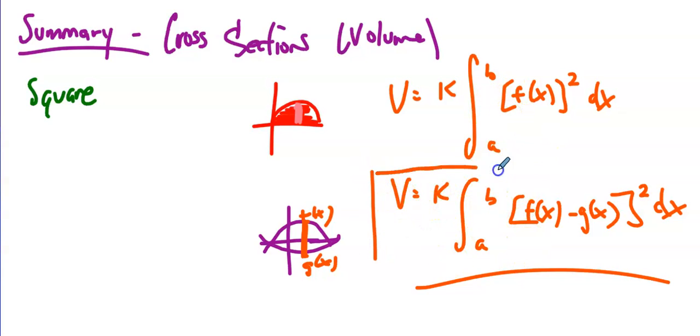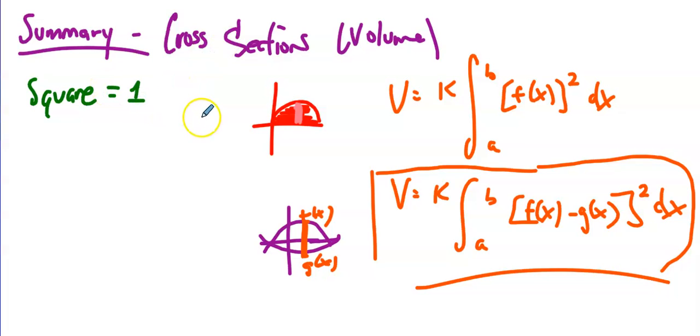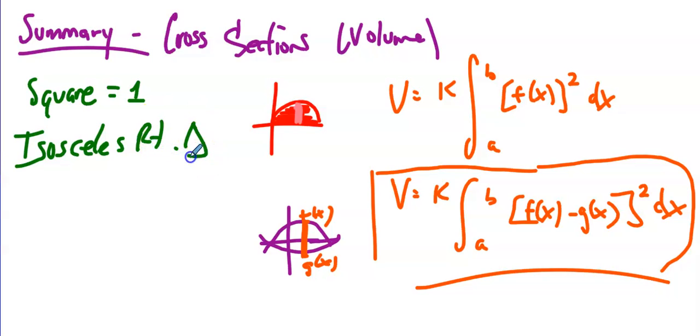This is the one that we use for cross sections, and the k is going to be dependent on the shape. So for a square, the k is going to simply be 1. If I give you an isosceles right triangle, then your k is going to be equal to 1/2.